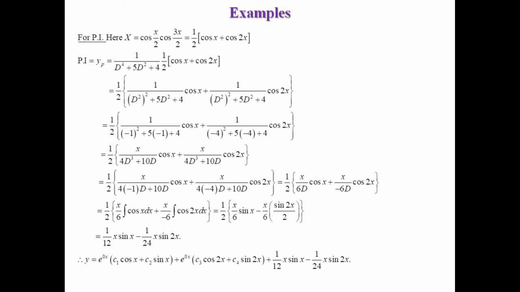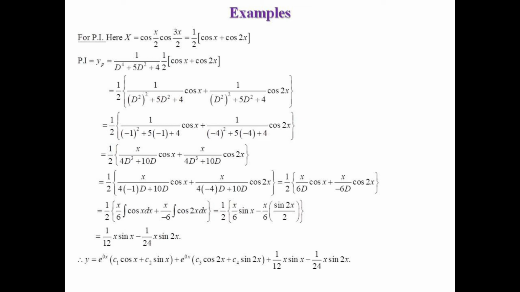So in the first term the value of a is 1, that means replace D square by minus 1. So in the first term we get 1 upon minus 1 its square plus 5 into minus 1 plus 4, cos of x. If we observe the second term, then the value of a is 2. If we compare cos of 2x with cos of ax, then the value of a is 2.